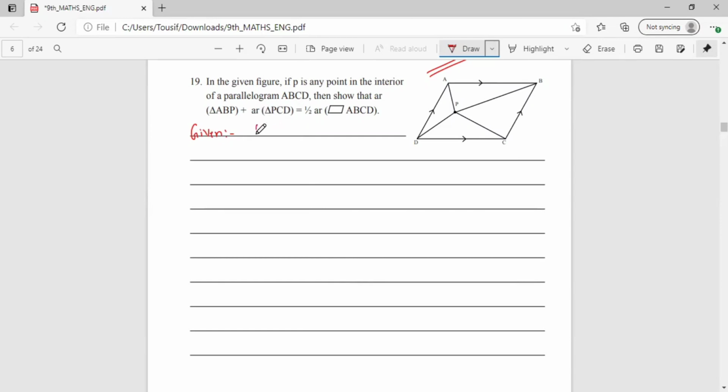P is any point in the interior of a parallelogram ABCD. To prove, let us see what they are asking us to prove.